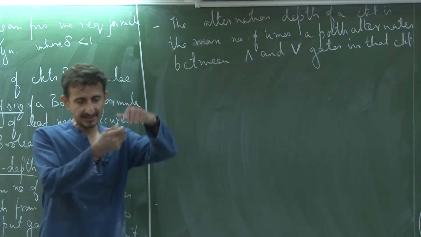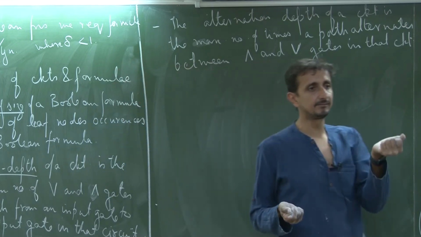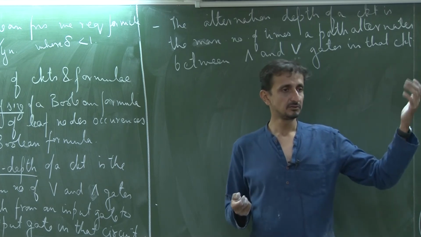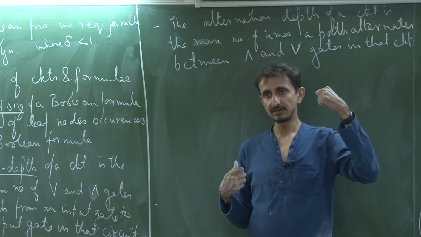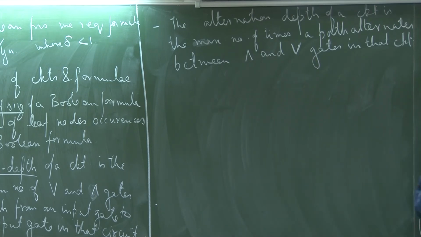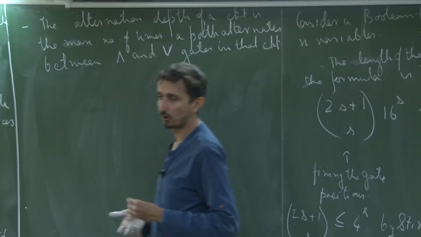Okay. So, now take any path. I can have along that path the gates as OR, OR, AND, AND, OR. So, the number of gates present is 5, but the number of alternations is only 2, okay, because you go from OR to AND and then from AND to OR. So, that is what we mean by alternation depth.